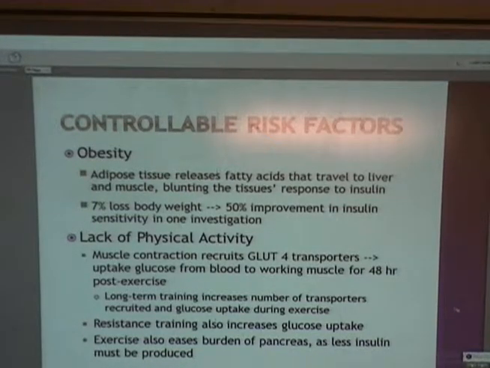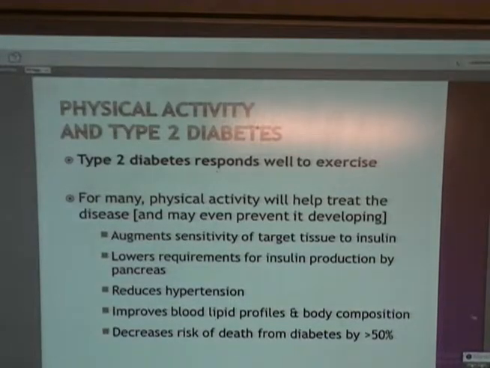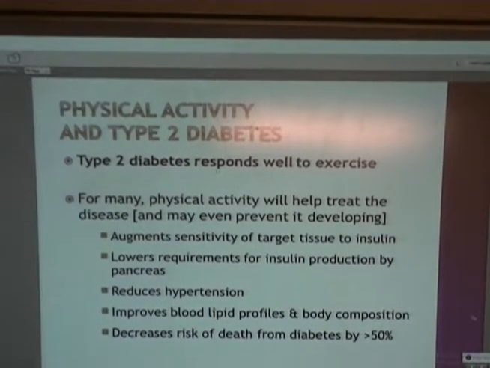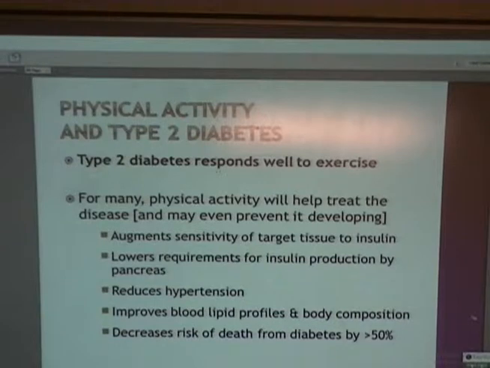So there are many benefits. These are things we can do to help someone who has developed type 2 diabetes, or, as I said, is pre-diabetic, because now we have this additional category, kind of like the pre-hypertension category.